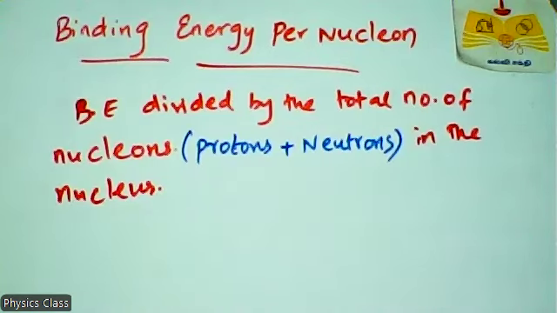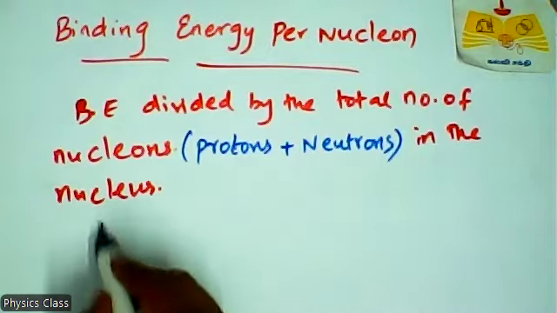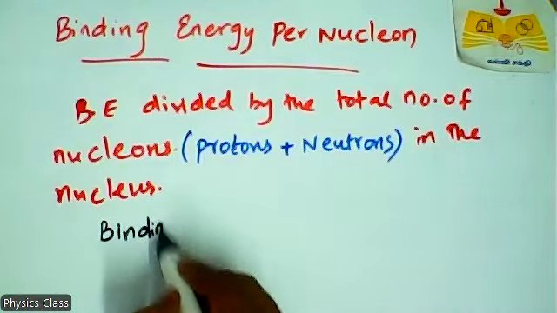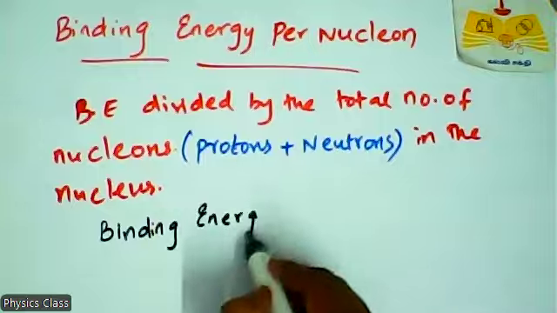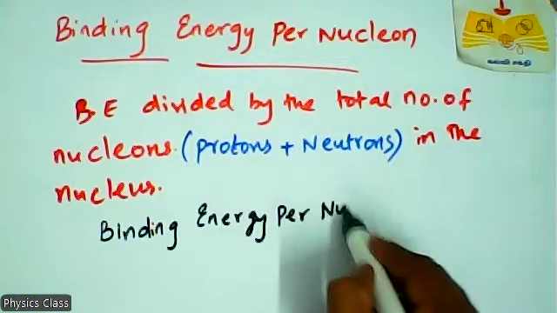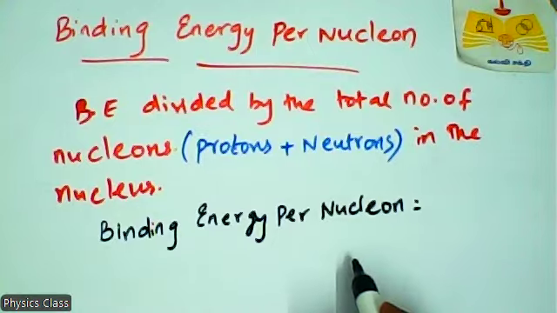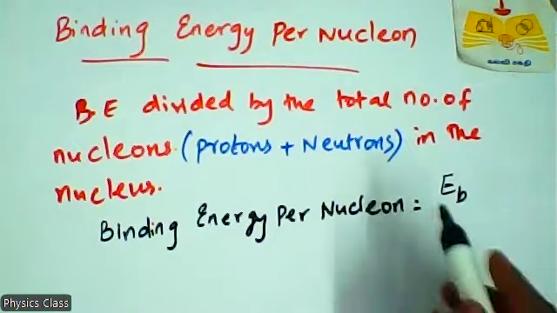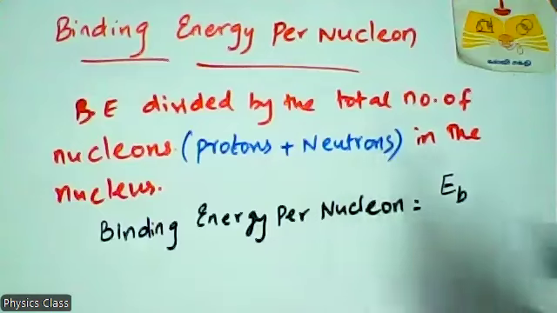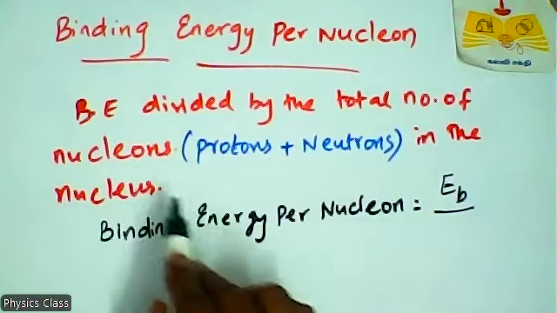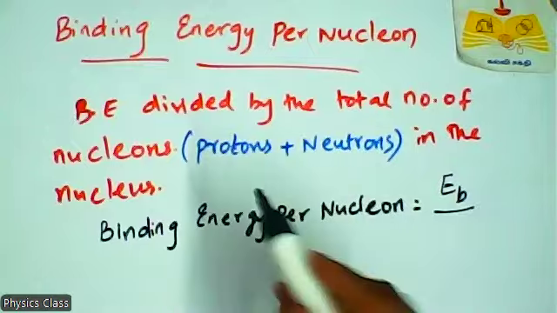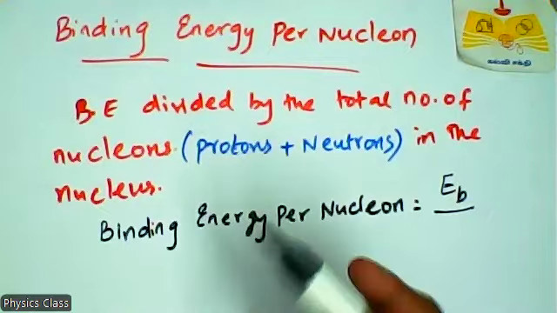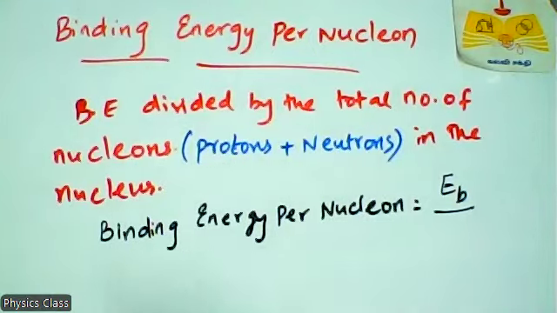Mathematically, we can write binding energy per nucleon as E B divided by A. Already you know binding energy can be written as E subscript B or B.E. Per nucleon means protons plus neutrons, which is the mass number.